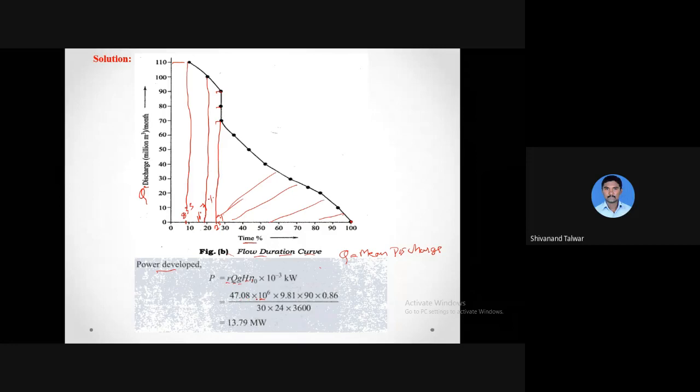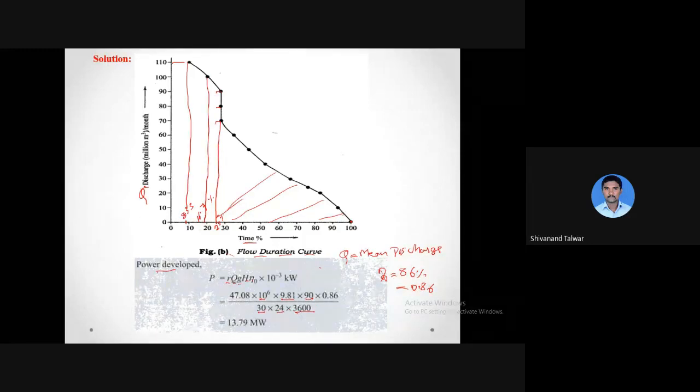So Q हो गया. Then G is 9.81 meter per second square. Okay, head is given 90 meter, and overall efficiency is given 86%, so we will write it as 0.86. Okay, then divided by 30 into 24 into 3600.